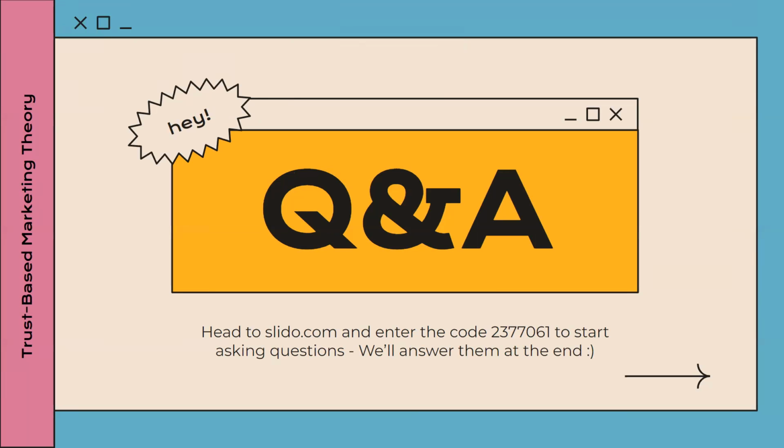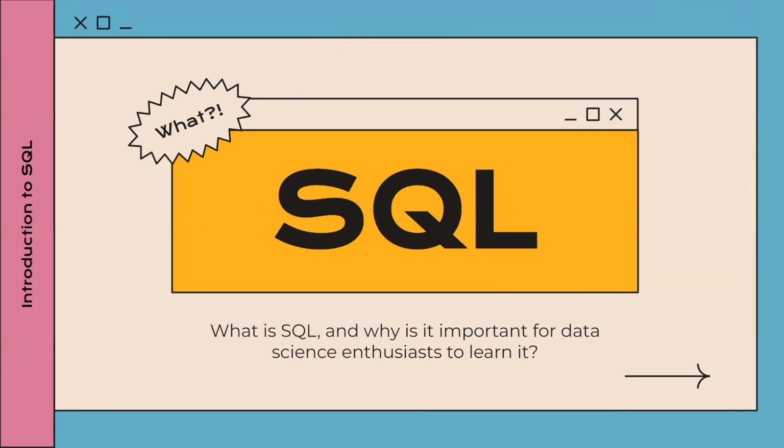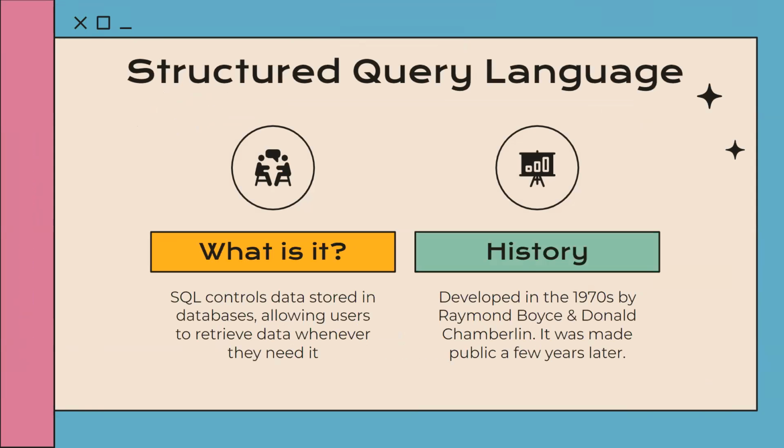Okay, let's move on. So what is SQL and why is it important for data science activities to learn it? SQL is a structured query language. The main use of it is to control data which is stored in databases, allowing users to retrieve data whenever they need it.